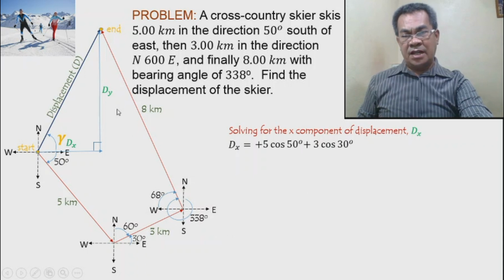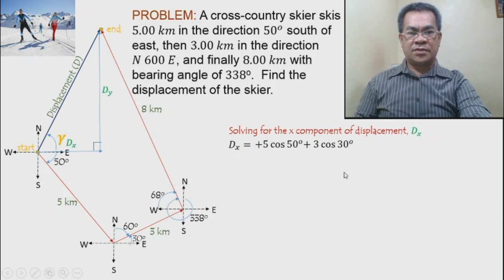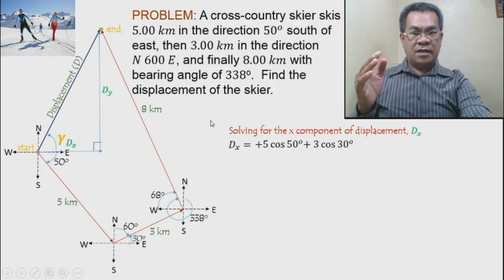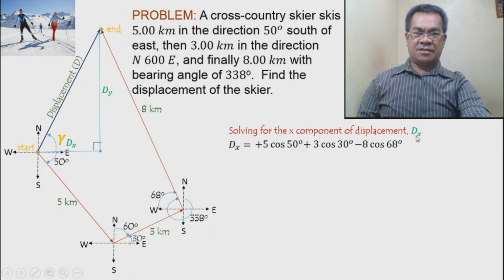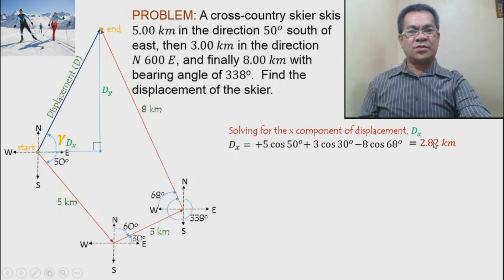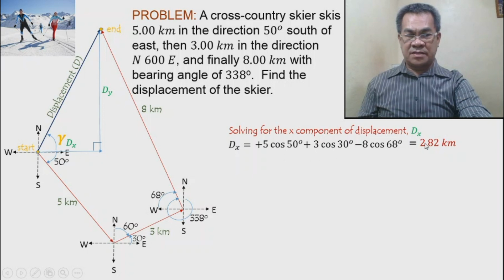Then finally, this 8 kilometers, the x component is negative. So, negative 8 kilometers cosine of 68. That's it. Then calculate. The answer is 282 kilometers. And this is positive, dx. This should be positive. And the result says positive.